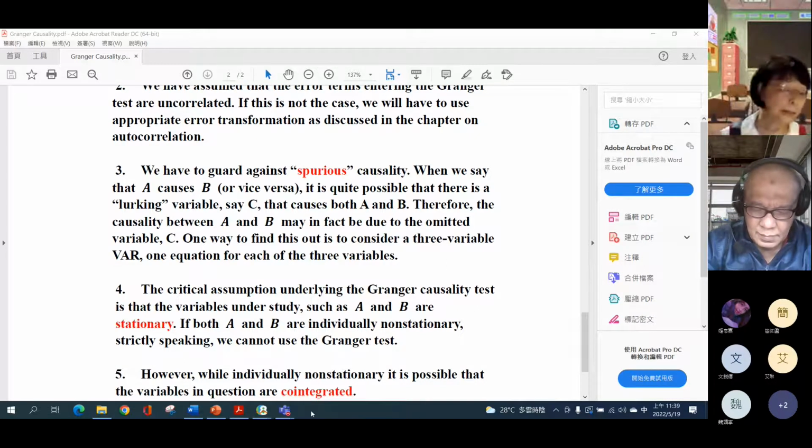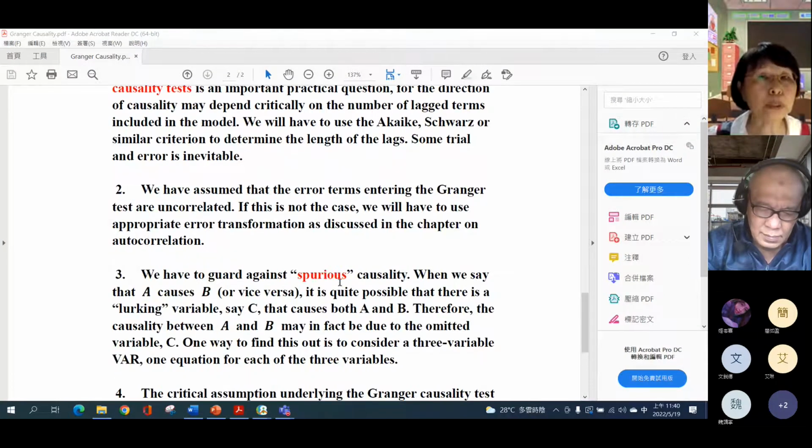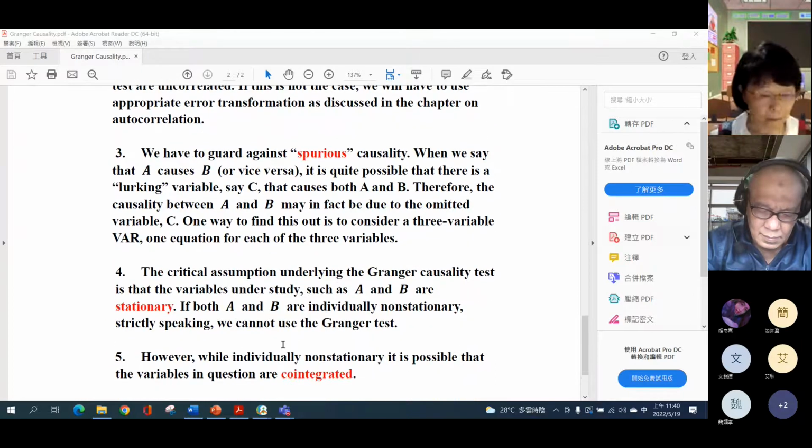Then after I explain 12.5, I will give you whole examples which cover the spurious test, stationarity test, and cointegration test. Then after we have done that, we do the Granger causality test. Okay, understand what I'm saying here?